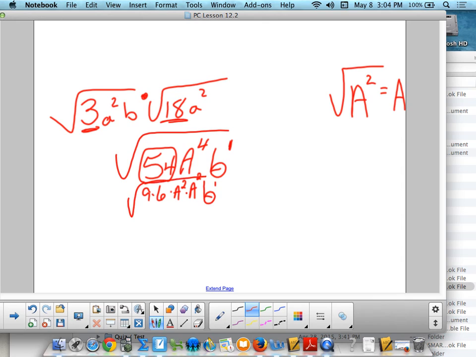So out comes, don't lose your sign, out comes 3. This we don't know. This we know to be A. And another A squared. So then it comes out a squared. And then we don't know b, so we're done. Inside stays the 6. That's all it is. And then they just add on more.